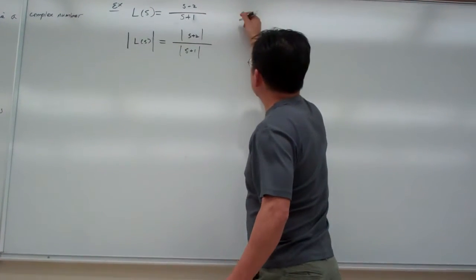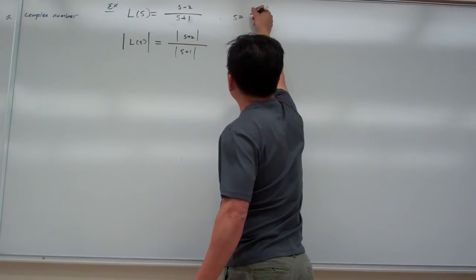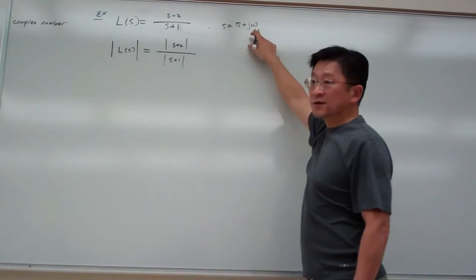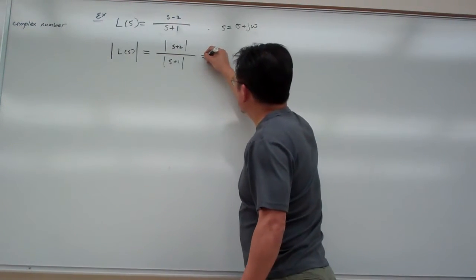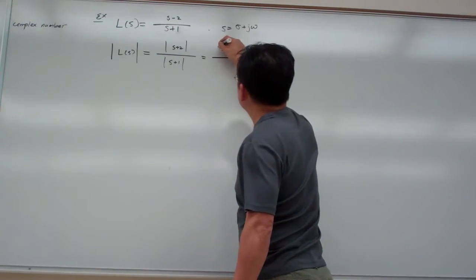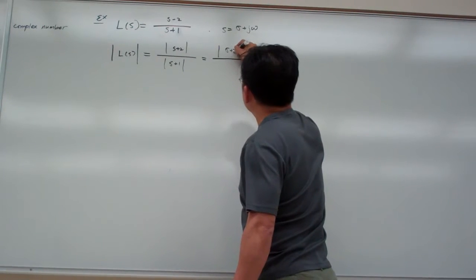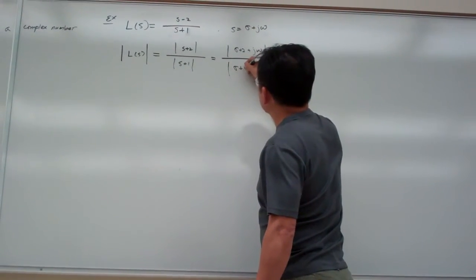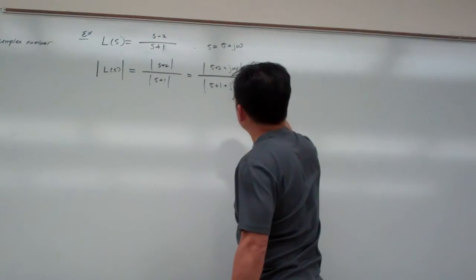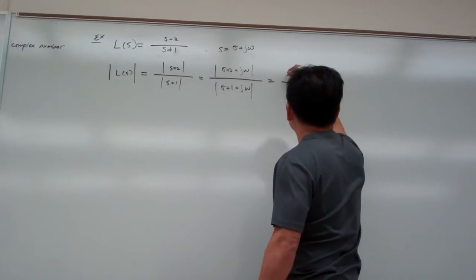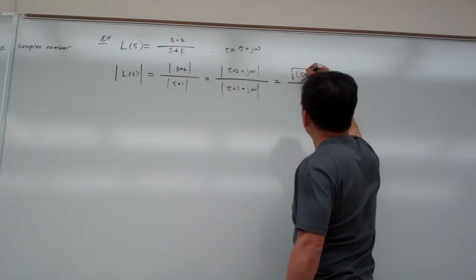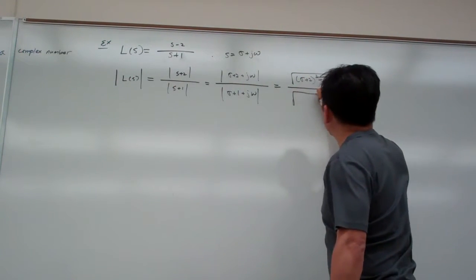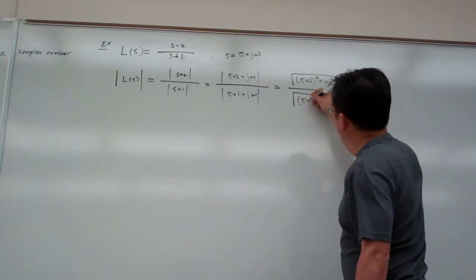Say s is equal to any complex number. So basically this is equal to sigma plus 2 plus j omega over sigma plus 1 plus j omega. So that is sigma plus 2 squared plus omega squared, over sigma plus 1 squared plus omega squared.